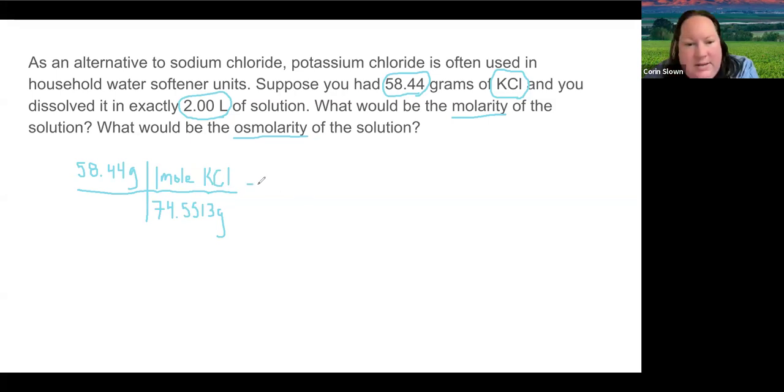That's going to give us 0.78388, and that's moles of KCl.